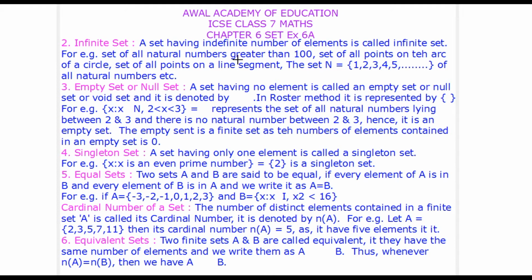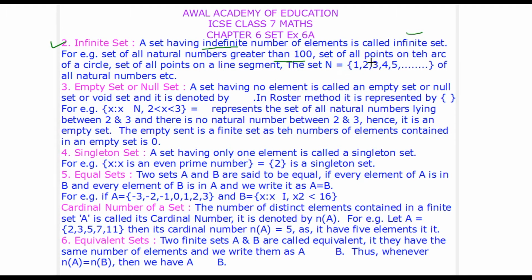Now the second set is the infinite set. An infinite set means a set having an indefinite number of elements, which cannot be counted. For example, the set of all numbers greater than 100: they are many and many, they can't be counted, so we put them in the infinite set.